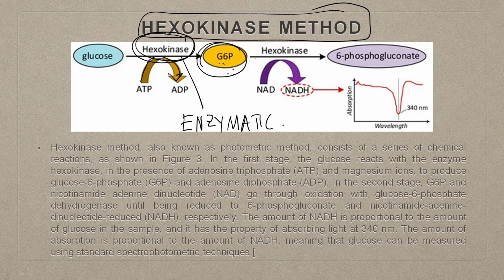This glucose 6 phosphate, in the presence of NAD, reduces the NAD to NADH, and when it reduces the NAD to NADH, you see a signature for the appearance of NADH.